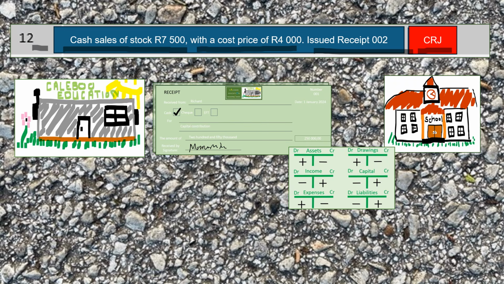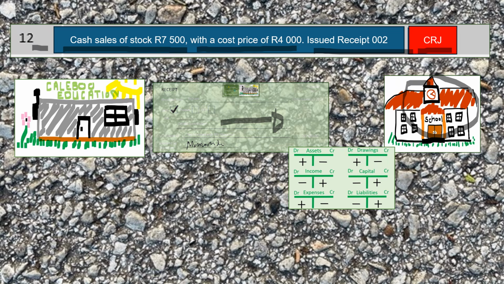We're once again selling items to the school. The school paid us straight away. So we issue them a receipt as proof of payment. Calibu Education is left with the duplicate receipt, which Calibu is going to use to record the transaction.